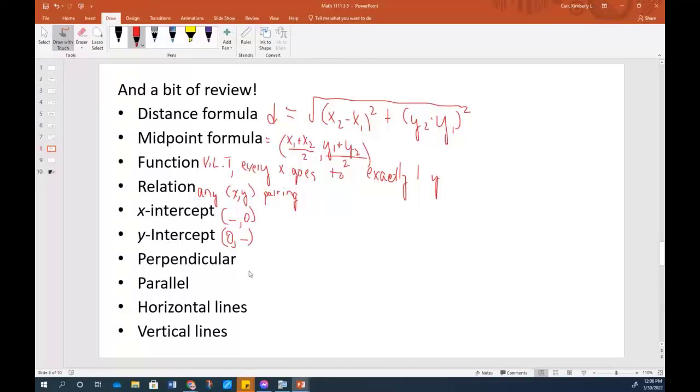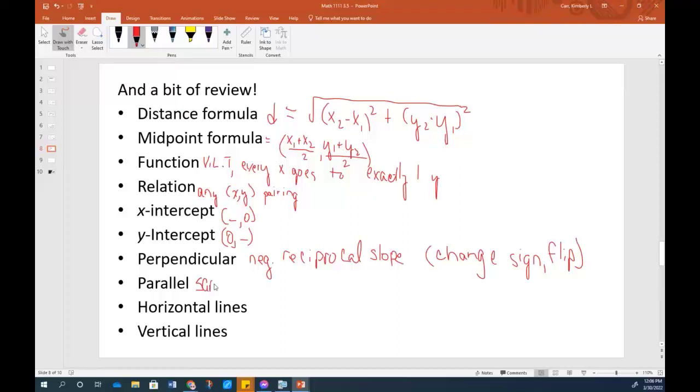Perpendicular: you determine if lines are perpendicular if their slopes are negative reciprocals. Negative reciprocal is the math term, but that means you are going to change the sign, that's going to make it negative, and the reciprocal means you have to flip it over. So if the slope of one line is 2/3, the slope of the perpendicular line would be negative 3/2.